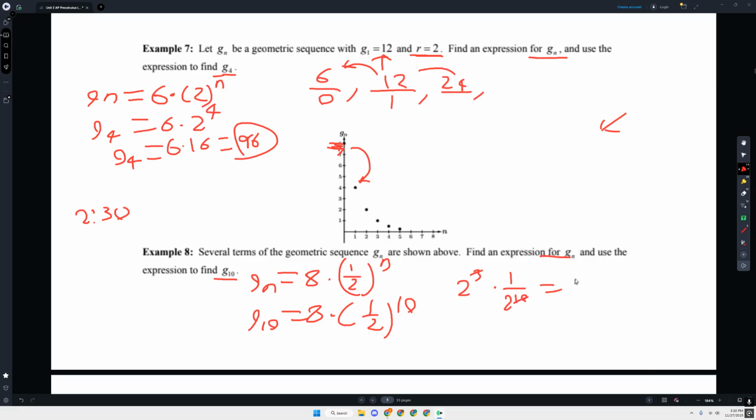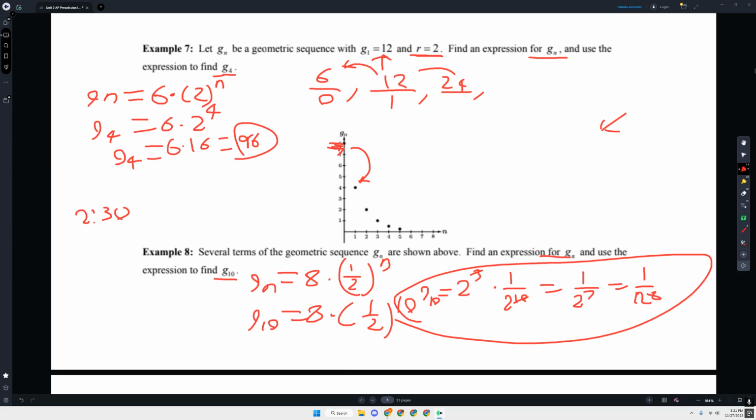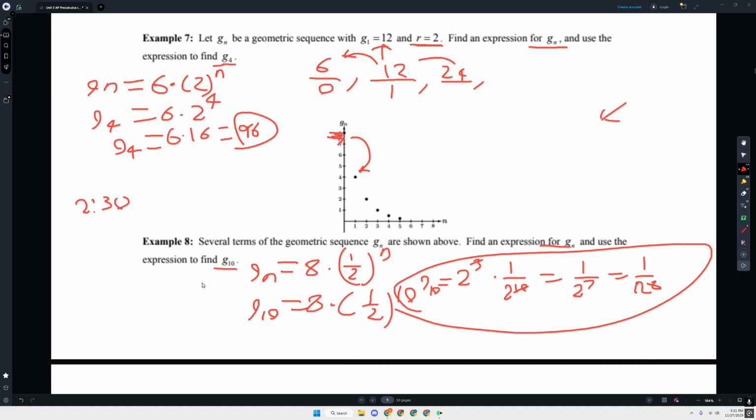These would simplify to 1 over 2 to the 7th, which simplifies to 1 over 128 to find g of 10. And Thankful Gaming YT, the only mistake you made is it should be 1/2 because you're going down, you're getting smaller instead of bigger. Yep, this is why I do math on paper or on a whiteboard. That also works.